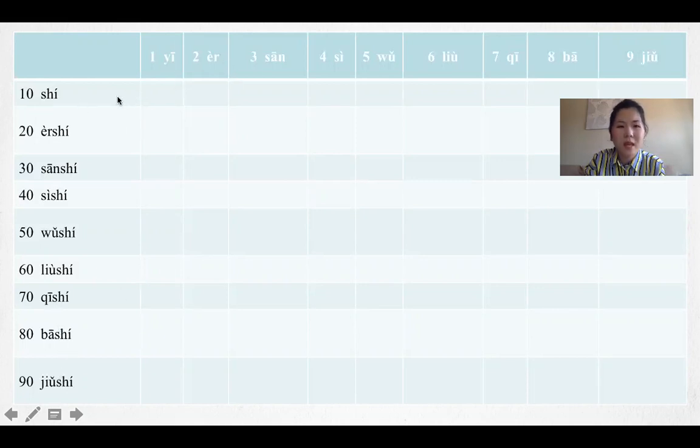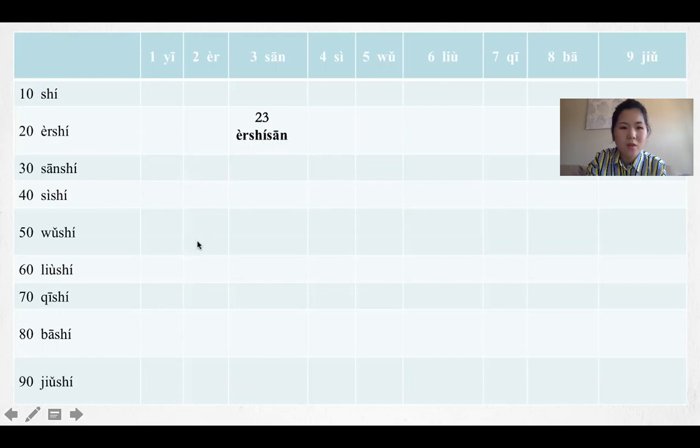If you want to say 11, you have 10 and 1, right? But if you want to say 23, how do you say 23? You put 20 and 3 together, right? 23.